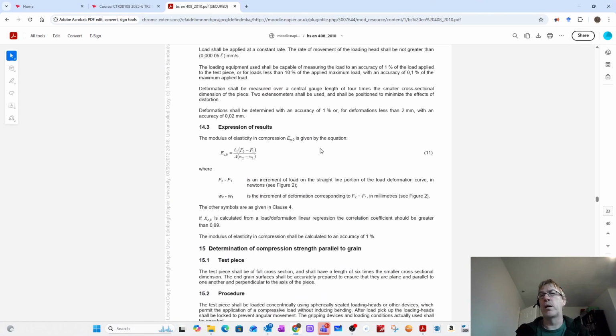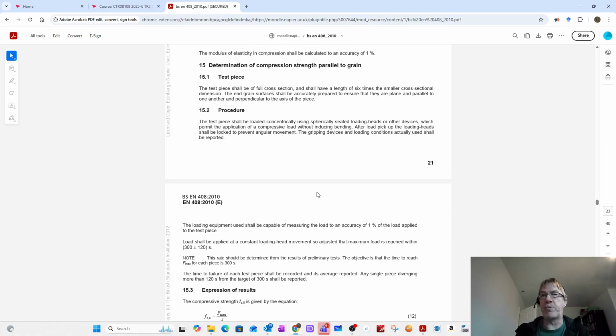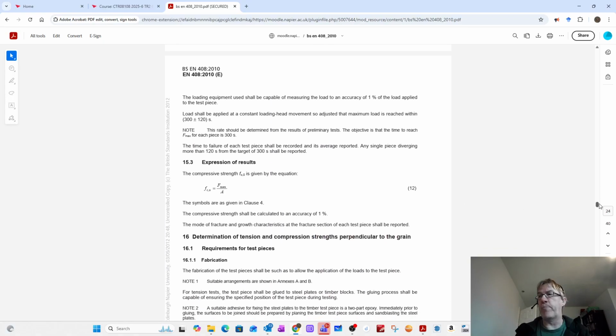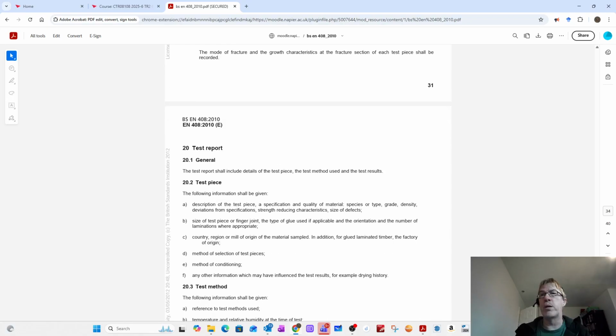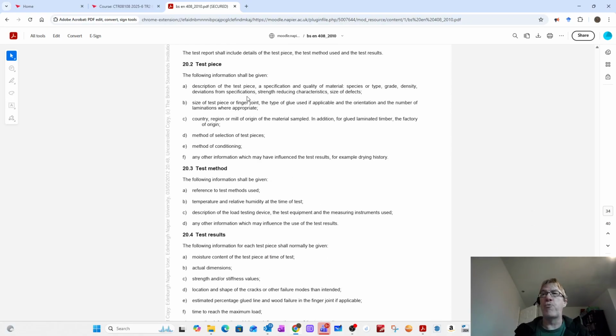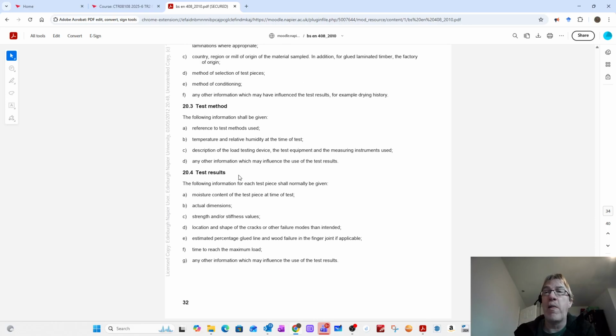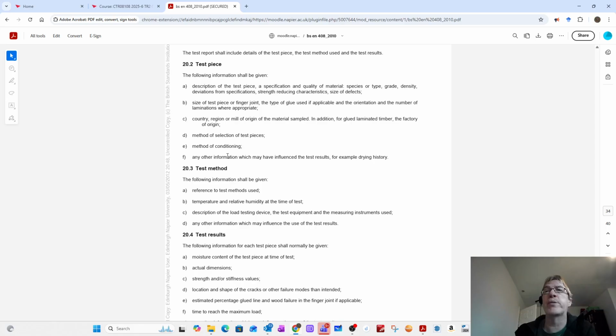Here. You can read through how the test procedure is meant to be carried out, then go back down to page 32. Read through this thoroughly and make sure that you've got some questions to ask the lab technician about anything that's written in this document. This is your template for your report.